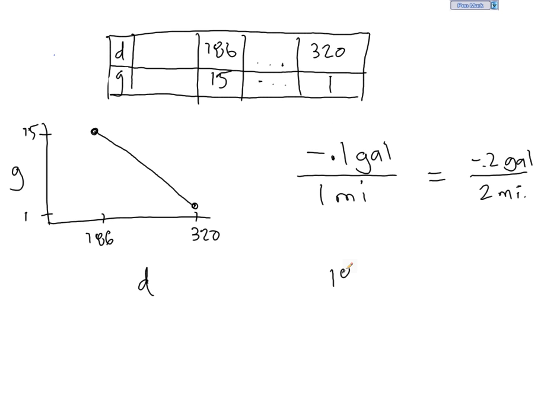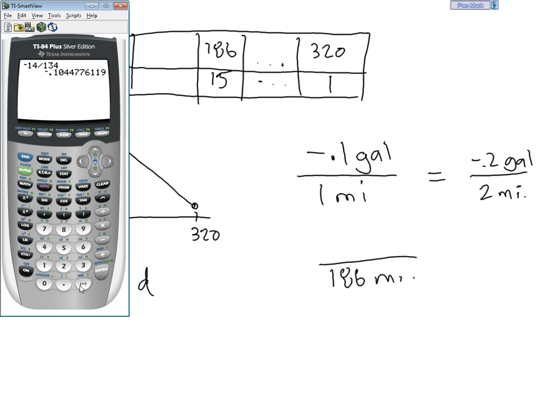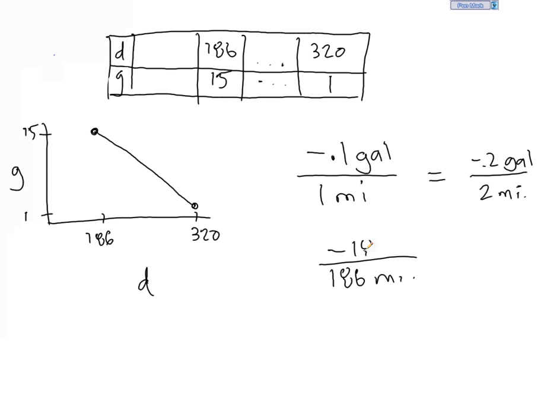So if I drive 186 miles, that's 186 times what I get for 1 mile, so I have to multiply negative 0.1 by 186 too to figure out how many multiples of 0.1 I'm going to lose. So that means I'm going to lose 18.6 gallons if I drive 186 miles.